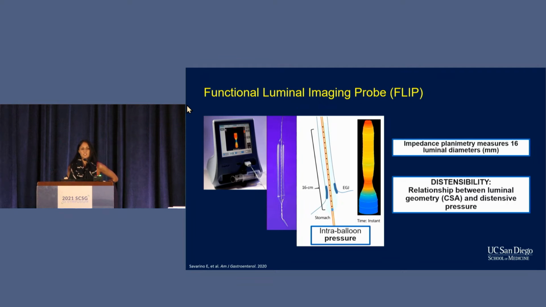When the balloon is filled, the impedance sensors are able to measure a diameter, or cross-sectional area, and then we get a distensive pressure. The relationship of the cross-sectional area over the pressure yields a distensibility index. And one of the primary metrics that we've been interested in is the distensibility index across the esophagogastric junction.